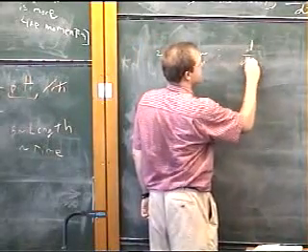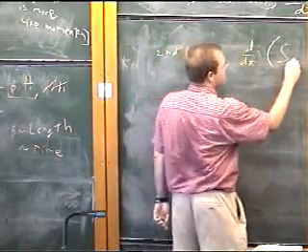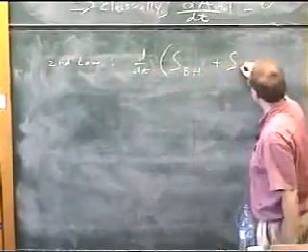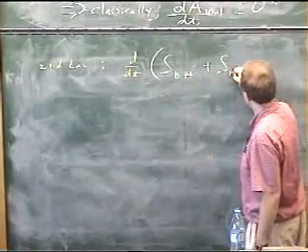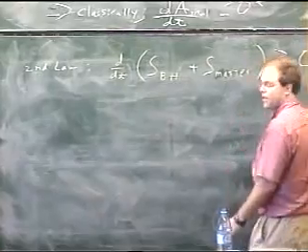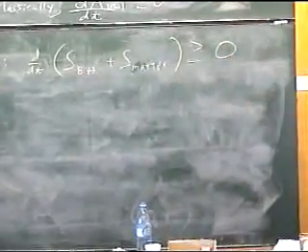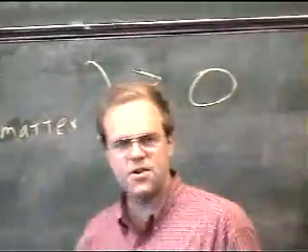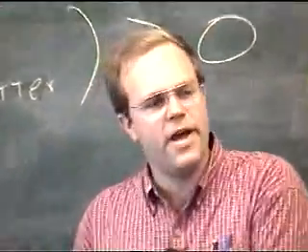The thing which is non-decreasing should be the total of the total entropy in black holes plus the total entropy in everything else, which we will call matter. Okay.